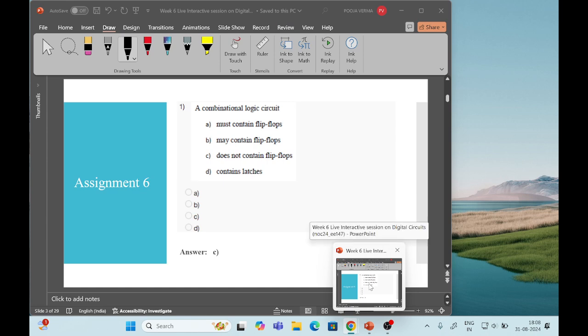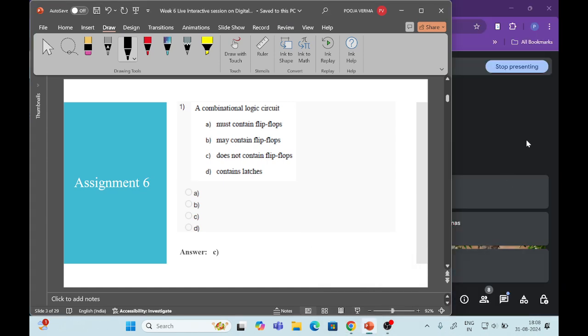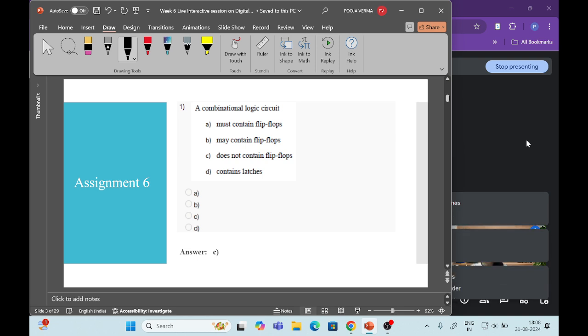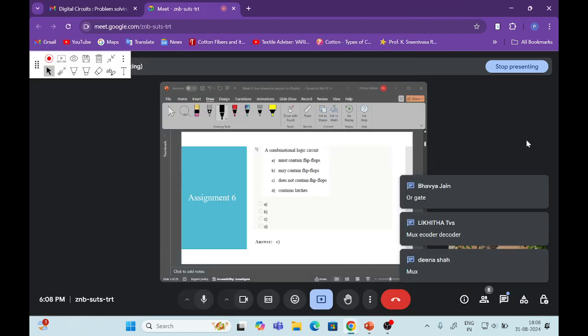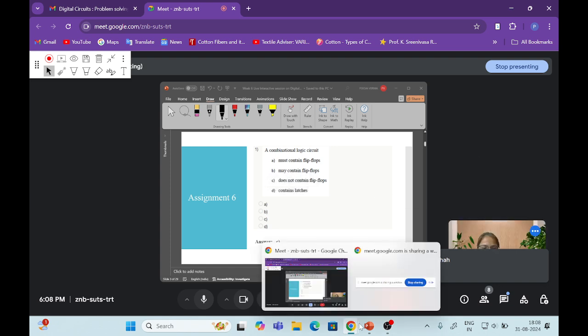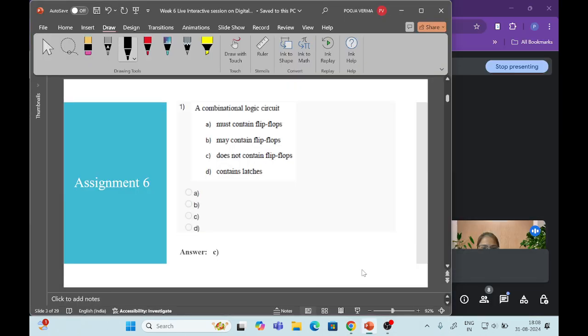Yeah, gates, adders, subtractors, multiplexers, demultiplexers. Yeah, correct. Encoder, decoder. Yeah, correct. So a combinational logic circuit does not contain a flip-flop. Option C is the correct answer for this question.